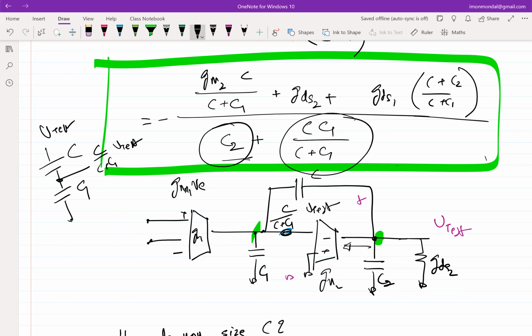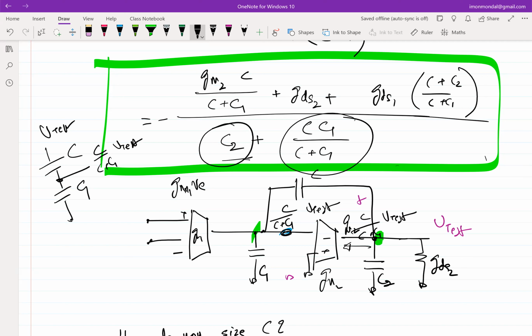And what is the current that now you are exciting the input of a GM? That will draw some current in. What will that current be? GM2 times that. Correct? So this will be GM2 times C by C plus C1 times V test.